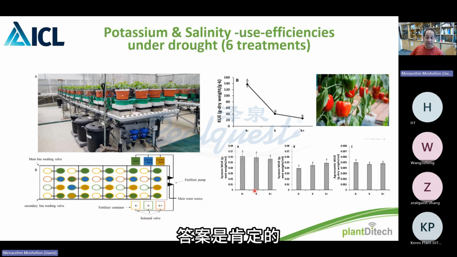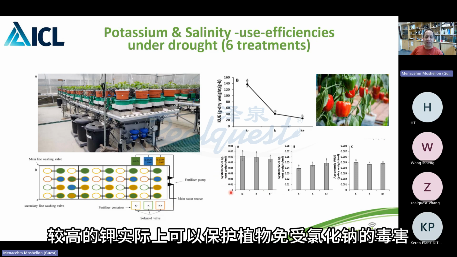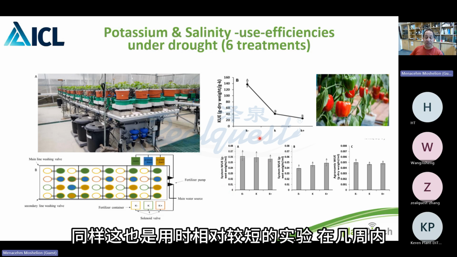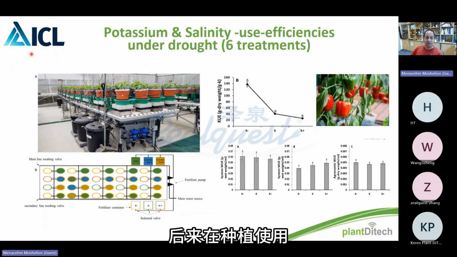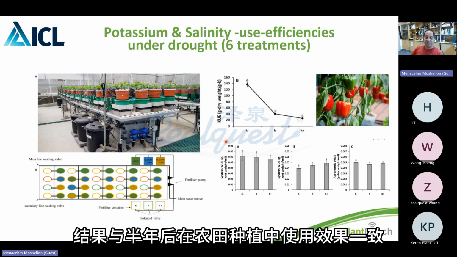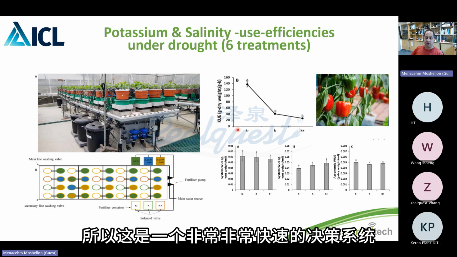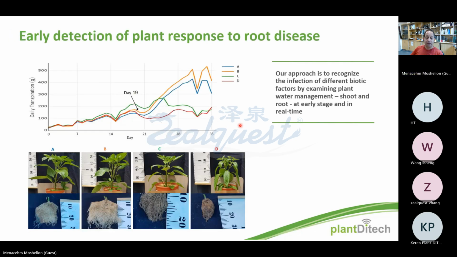And the answer was yes, higher potassium actually protects the plant from NaCl toxicity. Again, a relatively short experiment, and in a few weeks we could prove the efficient potassium concentration that was later implemented for the farmer. Like in half a year, the result could be implemented in farming. So it's a very, very quick decision system.